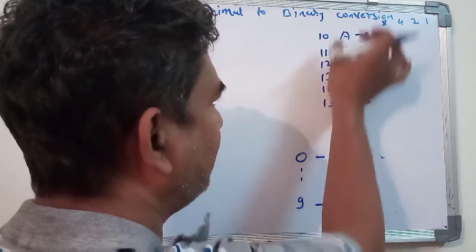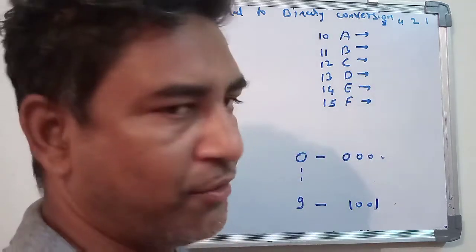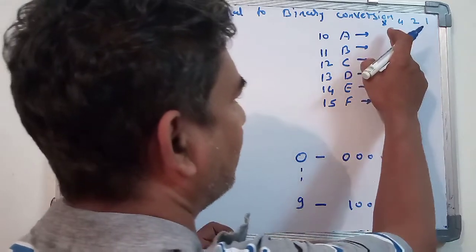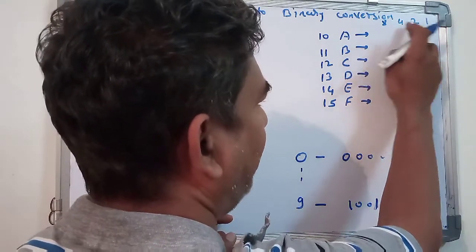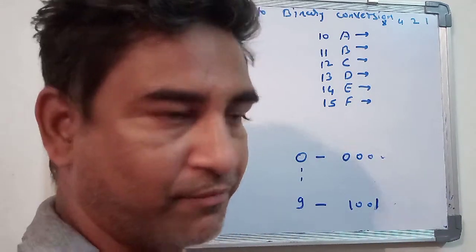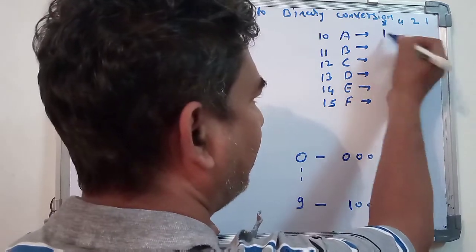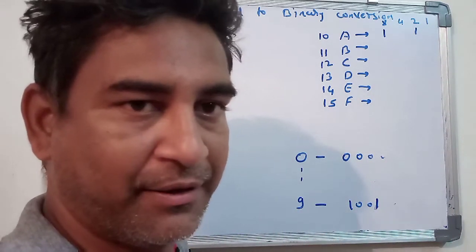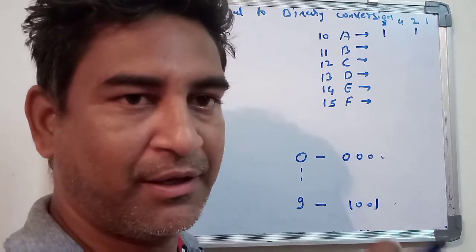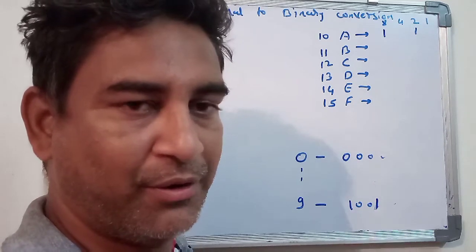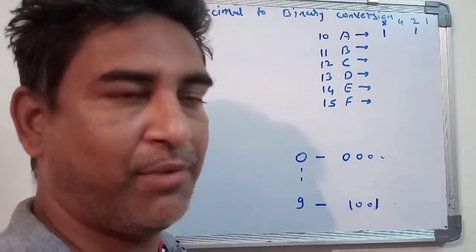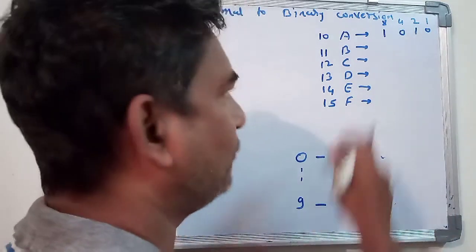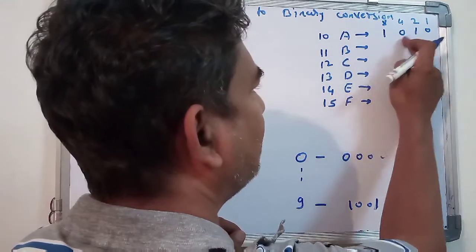These are the decimal numbers, these are the hexadecimal numbers, and now we have to write the 4-bit binary. 8 plus 2 gives 10, so below 8 and 2 you write 1 and 1, and for the numbers not added you write 0. So A is 1010.